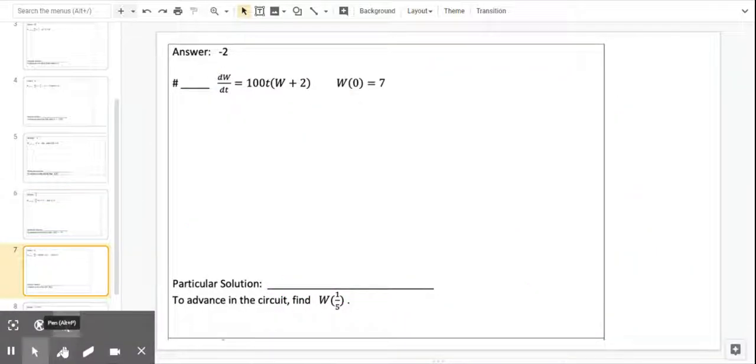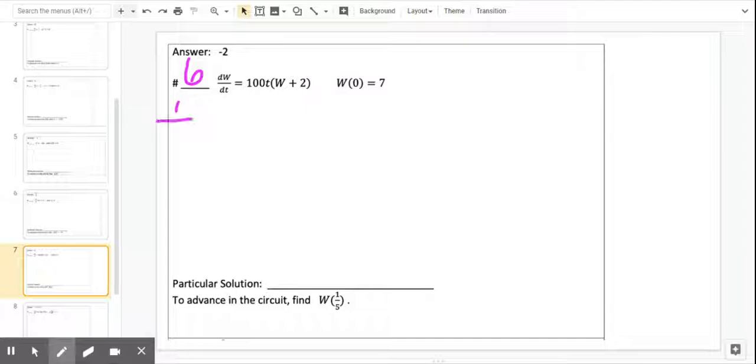So now we are on number 6. So this is already factored in the way we like it to be factored. We have this first factor has a t and this second factor has a w, so I don't want to multiply anything out because that makes my life more complicated. So I'm going to start here by dividing by w plus 2.